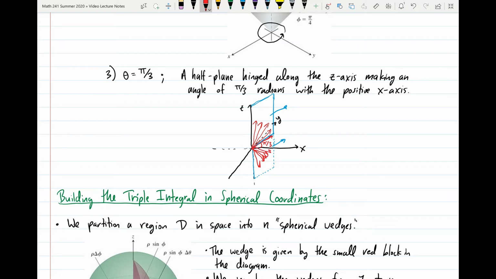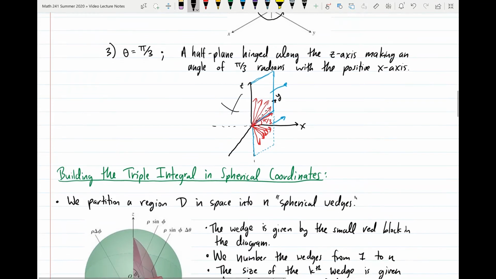And so if you think about all of these rays that can extend out as far as you want, because rho isn't going to be bounded, rho is free here, then you can think about these rays tracing out that whole half plane. So nothing over in this region is going to be hit, but we are going to hit all of the points inside of this plane that makes an angle of pi over 3 with the x-axis.